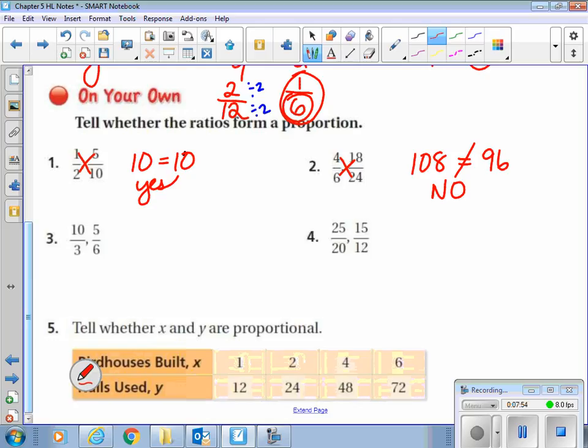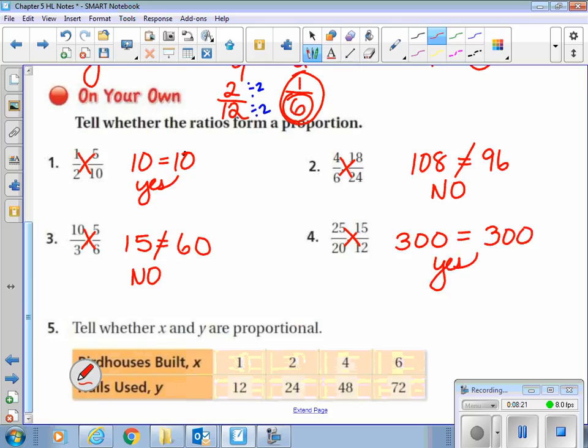If you did it by simplifying them, you should have gotten 2 different answers when you simplified, and that would again tell you no. In number 3, your cross products, 3 times 5 is 15, 10 times 6 is 60. These are not equal to each other, so another no. And in the last one, 20 times 15 would be 300. 25 times 12 is also 300. Since they are equal to each other, that one would be a yes.